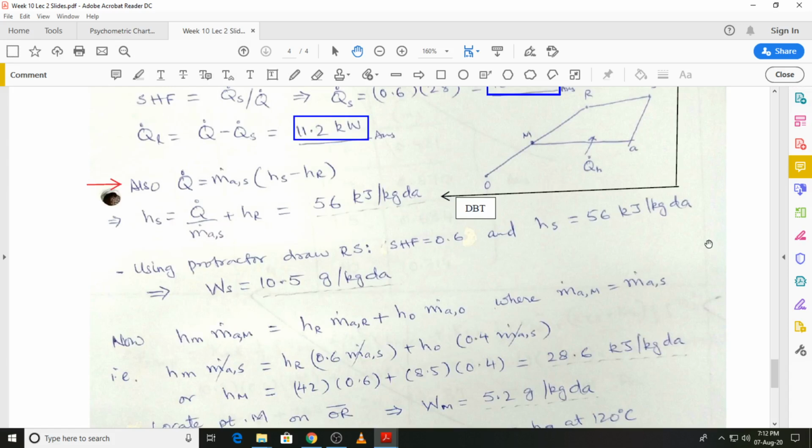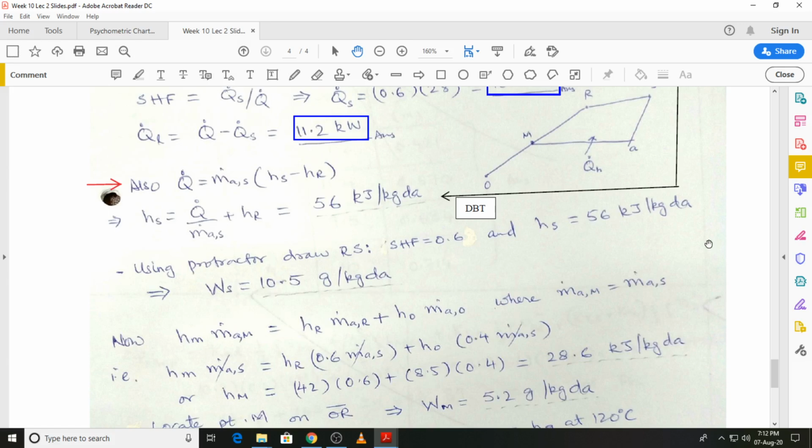Once we have got the specific enthalpy at state S, we need some other piece of information that will help us locate state S on the psychrometric chart. If you look at the data given to us, the sensible heat factor can quite conveniently be used for that purpose.